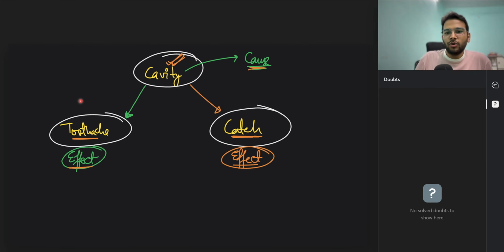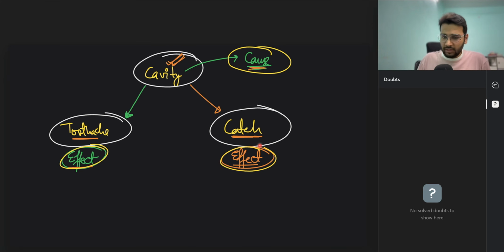Okay, so we understood one thing, that cause is there and then effects are there. To understand what this graph is saying to us: given a cause, effects are conditionally independent of each other.